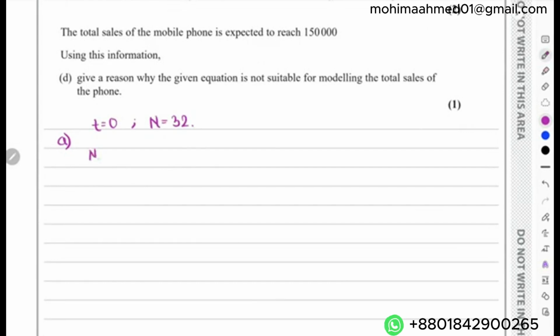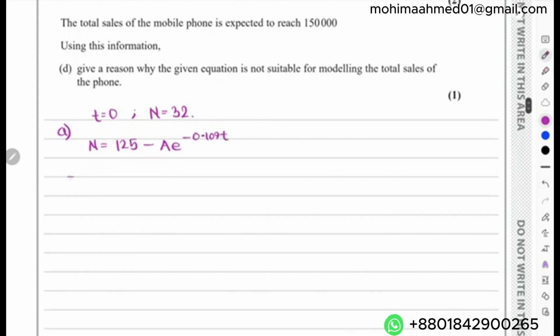So you get N is equal to 125 minus A, e to the power of minus 0.109t. And we can write 32 is equal to 125 minus A, e to the power of minus 0.109 multiplied with 0.